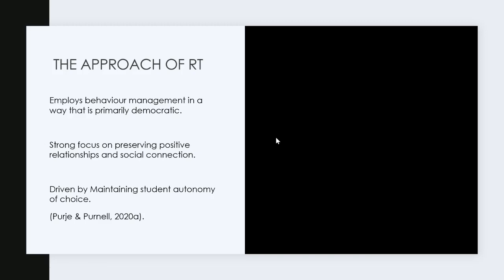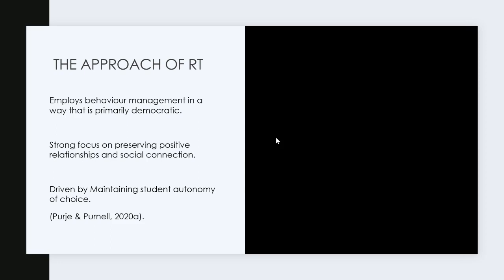The approach of responsibility theory. What I really like about this approach to behaviour management is it employs what is primarily a democratic system. It aims to empower students, whereas a lot of other behaviour management systems almost remove power from students.